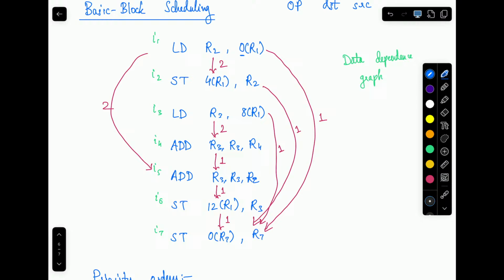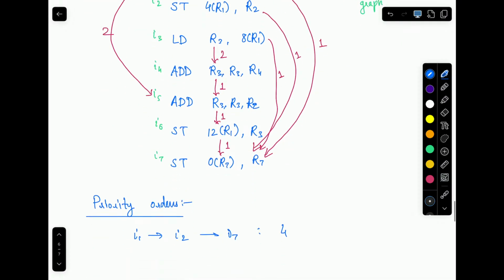Now let's look at some other paths. What if I start from I3, because I3 doesn't have any predecessors in terms of dependencies, right? It can also be a first instruction to start with instead of I1. So if I decided to start with I3, and keep following I3, I4, because there is a dependence, then I5, then I6, then I7. So if my schedule is I3, I4, I5, I6, I7, why am I putting them like this?